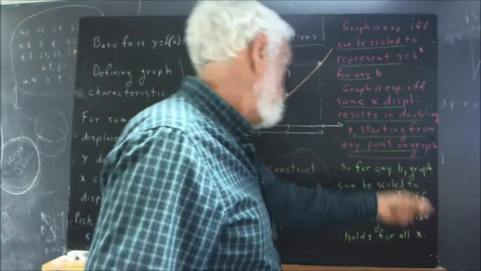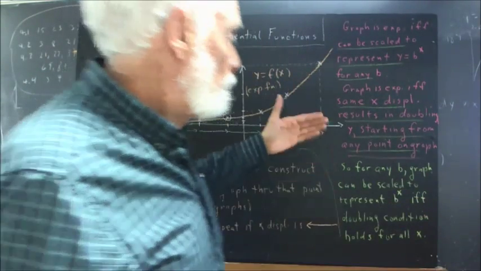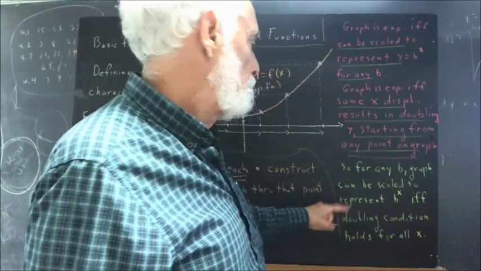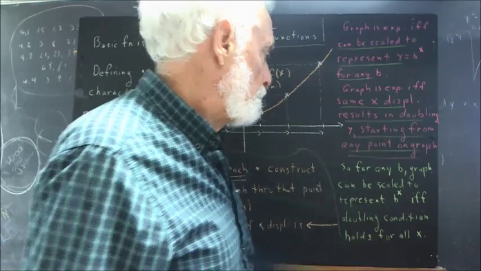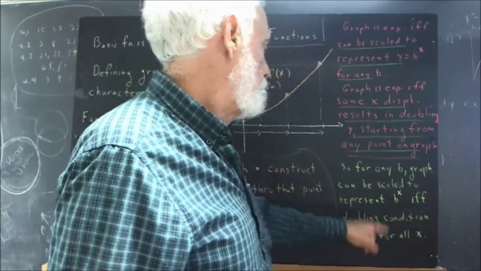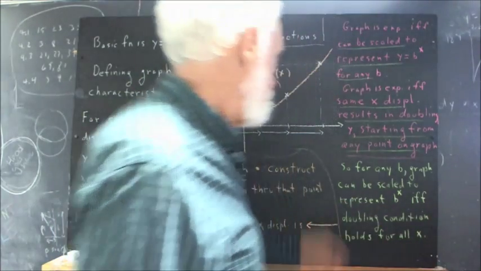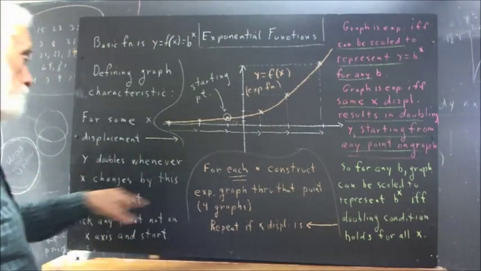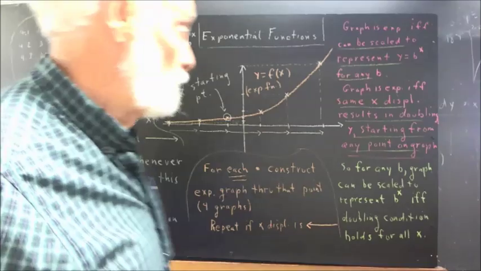Okay, well, our conclusion then is that for any value of b, the graph can be scaled to represent b to the x if and only if the doubling condition holds for all x. This is the doubling condition here. I think we understand that, and that's the same as the condition as I've stated it over here.